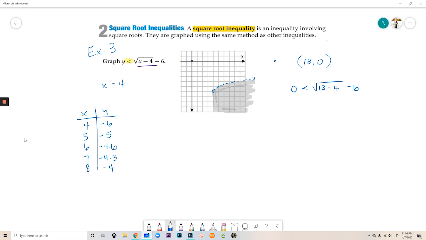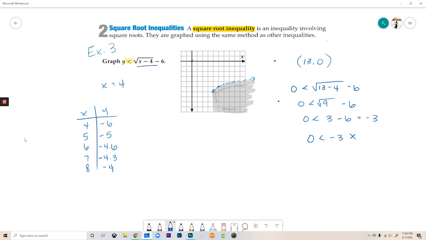We want this to be a false statement because we've already shaded below. So I'm going to say 13 minus 4 is the square root of 9. Square root of 9 is 3, minus 6 is going to be negative 3. Is 0 less than negative 3? That's not true. And we didn't shade up there, so we're fine.